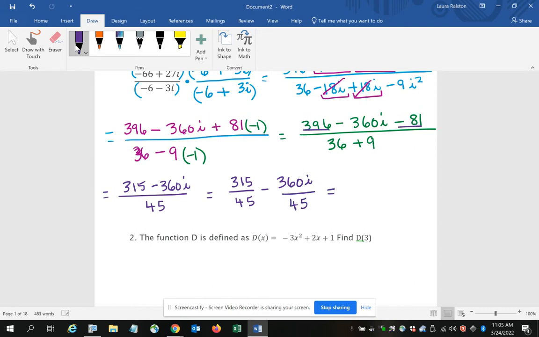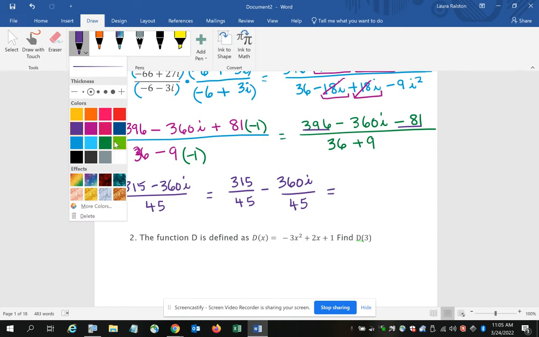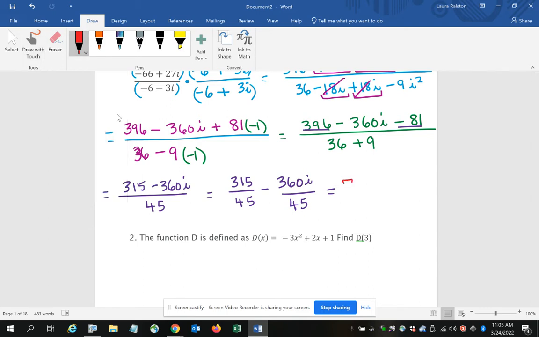And we always want to try to simplify our fractions if possible. So if I simplify these fractions, 315 divided by 45 is 7, minus 360 divided by 45 is 8. So we end up with 7 minus 8i.